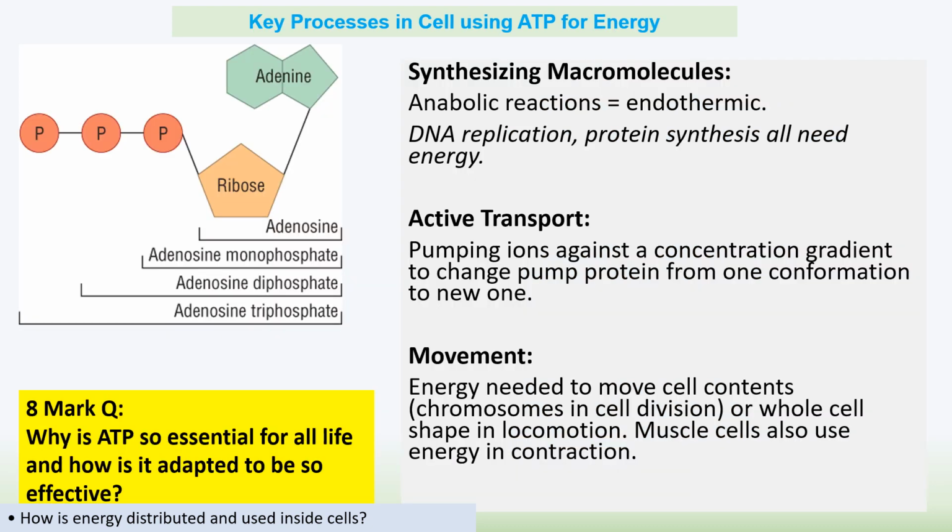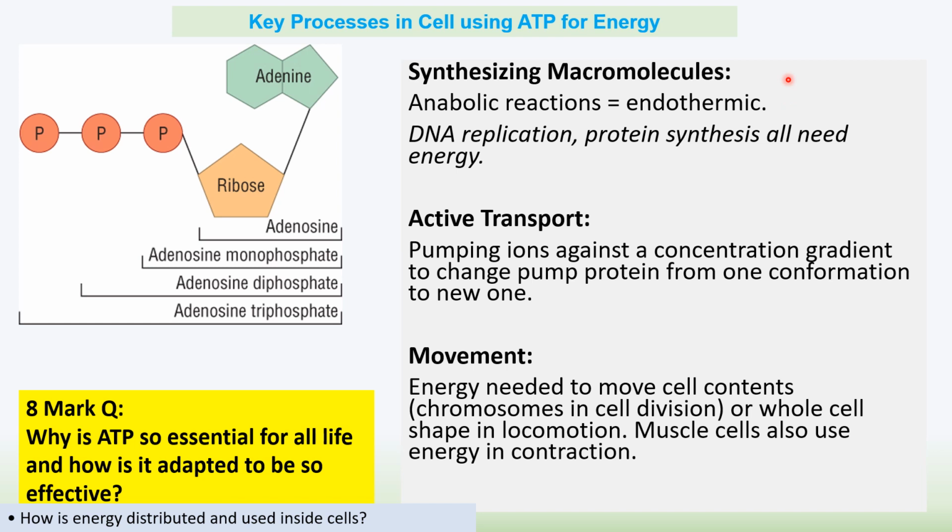So then, what do we need to know about using ATP for energy? Well, there's a couple of key things that we need to know, key processes. So first of all, there are reactions that are endothermic that use energy, use ATP in the cell. So this is when we synthesize macromolecules, so using anabolic reactions. If you know what anabolic means, go back to the enzymes video. But anabolic is building up smaller molecules into bigger molecules.